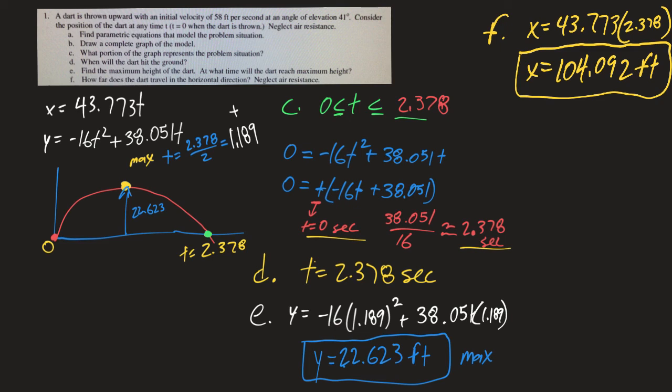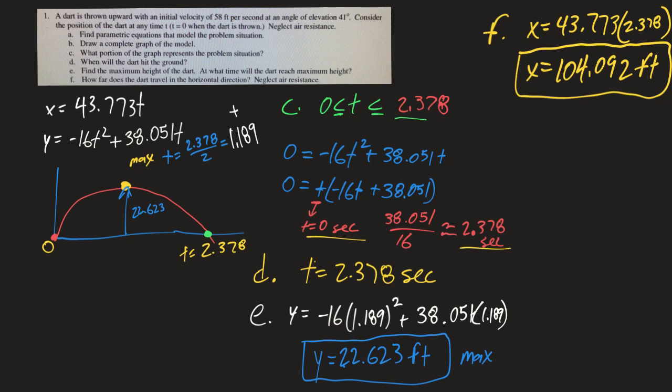The key factor is once you determine the time when something happens, you can use that to determine the height, or you can use that to determine the horizontal position that you're at. Okay, if I wanted to know the maximum height or the distance at the maximum height, we could even calculate that by plugging in the 1.189 into our x equation. All right, so there is a lot that we can do with these.